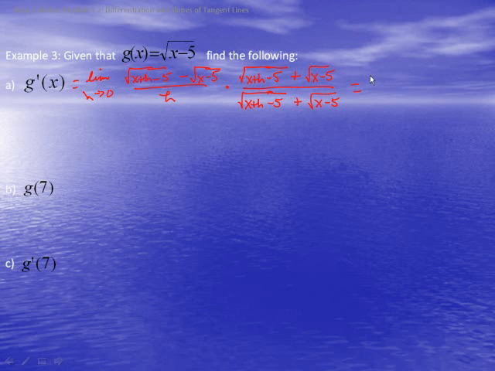So what we're going to end up with is the limit as h approaches 0 of my numerator, which will be (x plus h minus 5) minus (x minus 5), all over, and then in the denominator we have the h from the original one, and then we have the square root of x plus h minus 5 plus the square root of x minus 5.